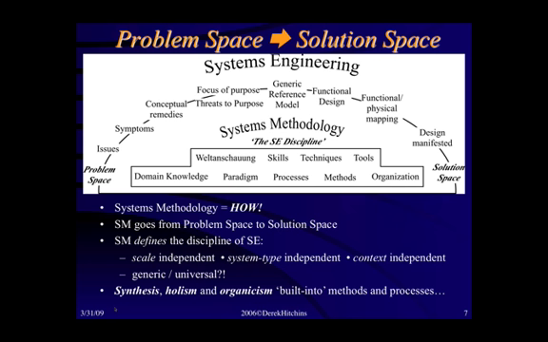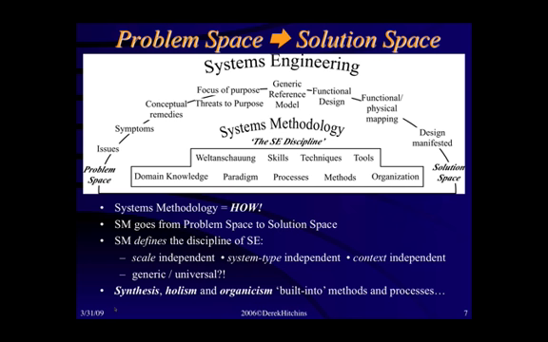So we go through issues and symptoms, conceptual remedies, finding the purpose of the solution system, threats to that purpose. We'll miss out the generic reference model for a moment. Then we go to functional design, functional to physical mapping, and the design manifested, that's created, organized, trained, whatever it is. And then we get into the solution space.